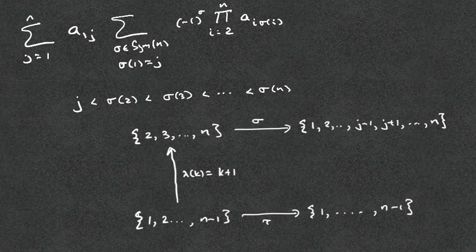And we can do a similar thing for our function from 1 up to n missing j, to 1 up to n minus 1. So let's call that one our function mu.